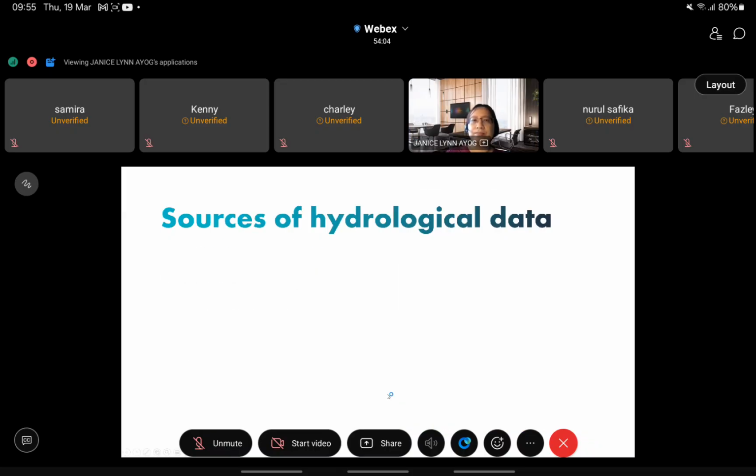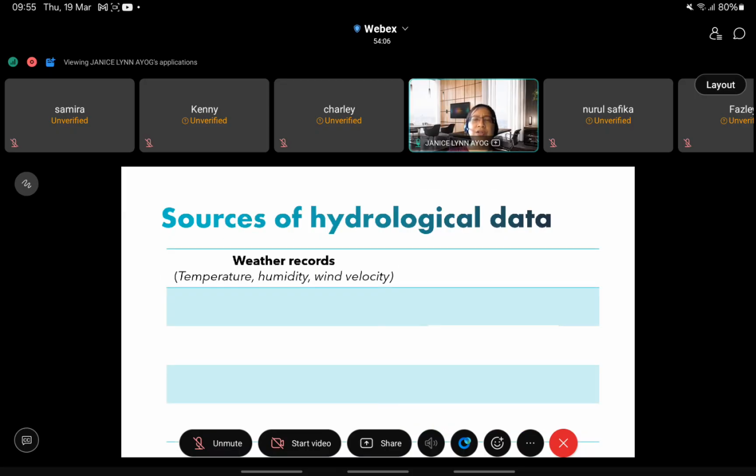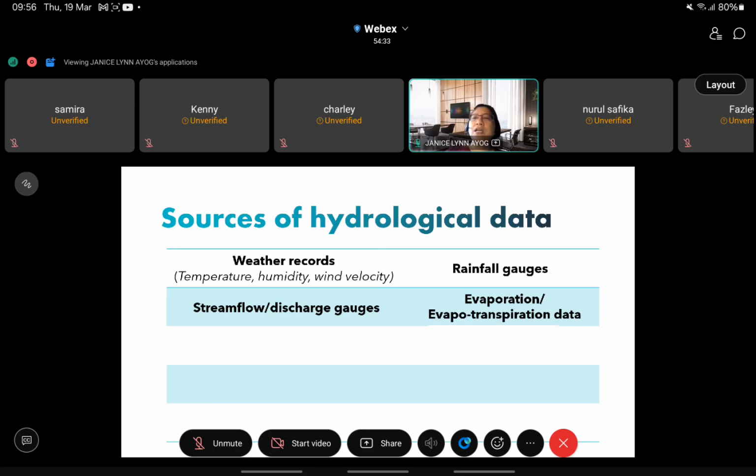Some of the sources of hydrological data include weather records, which could be temperature, humidity, and wind velocity, normally needed for evaporation. Rainfall gauges as well, if you want rainfall data. Streamflow and discharge gauges, when you want to know about the river discharge.